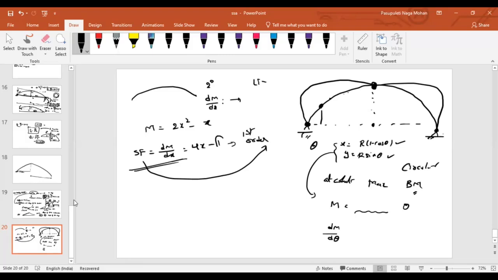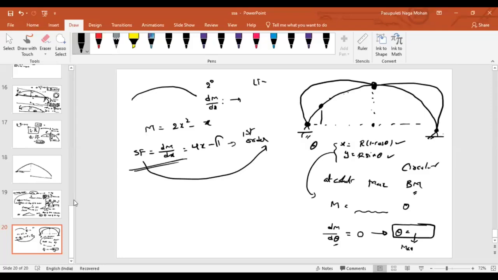Differentiate with respect to theta and equate to 0, and you will get some angle theta. For a circular arch, every equation will be in terms of theta. So to find the maximum, differentiate that function with respect to theta, and at whatever value of theta you get, you have either the maximum or minimum value.